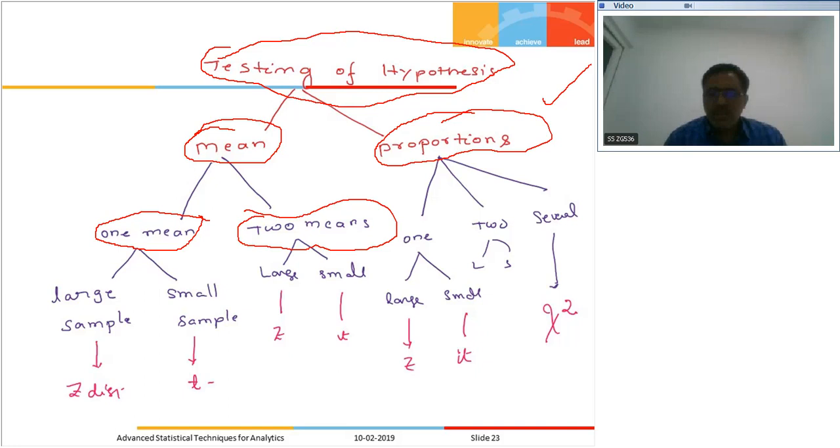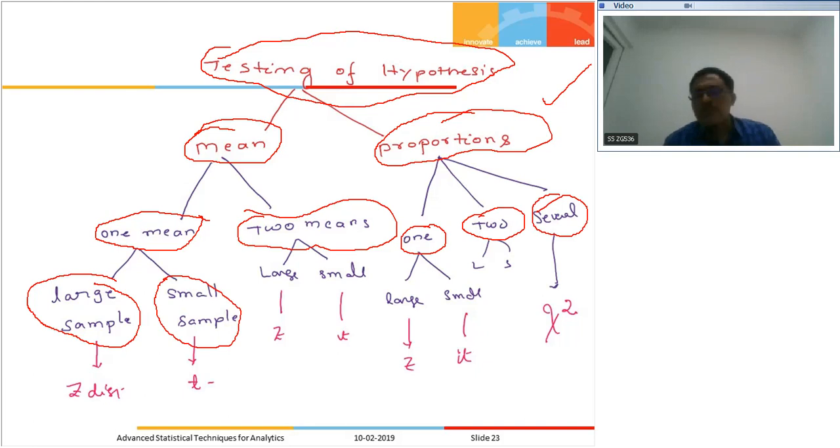I hope that's clear. Similarly, for proportions we already saw one proportion problem, two proportions problem, and several proportions problem. Like this, we have to come down the tree. If it is one mean related discussion, then two things come into the picture: whether our discussion is based on a sample which is large or small.